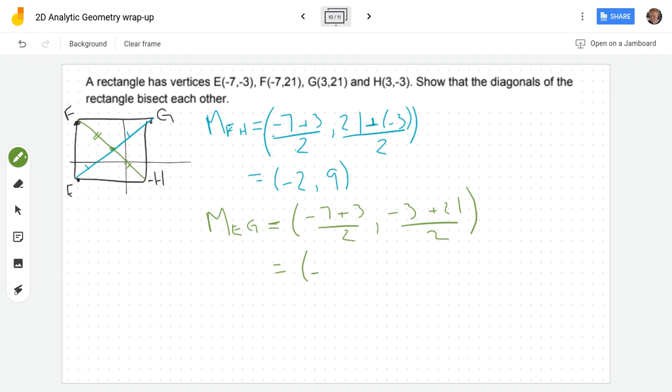So we get (-2, 9), which means that if these two midpoints are the same, which they are, then these diagonals bisect each other. Therefore, the diagonals bisect each other.